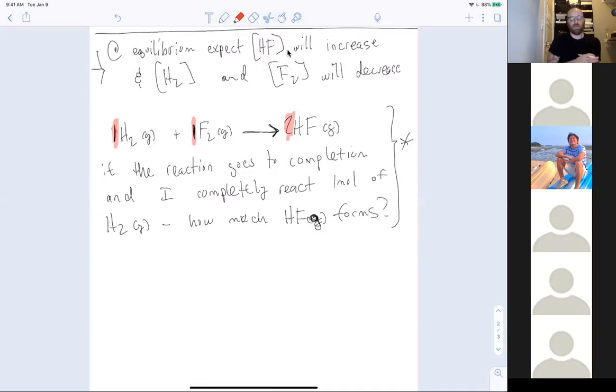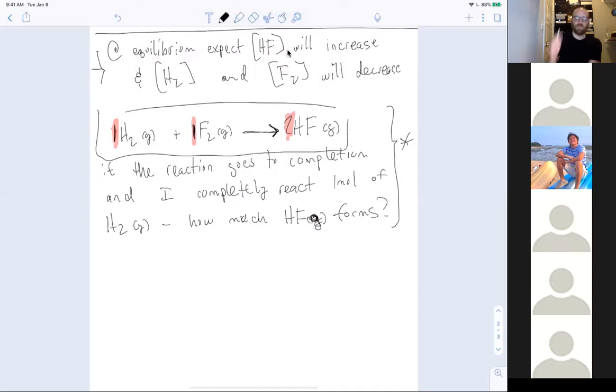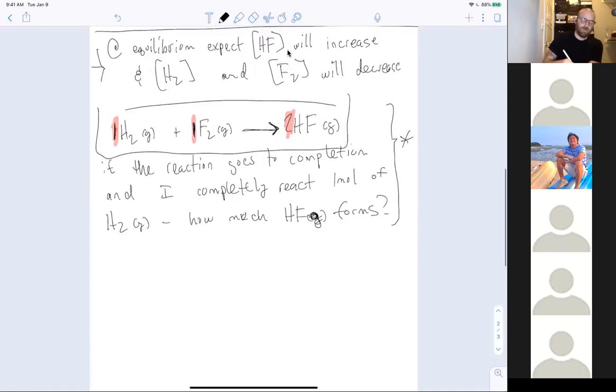So even if I don't know anything about a reaction, like let's say I just have this general formula up here, it allows me to calculate how much HF I would form from H2 if I reacted it completely. It tells me the exact ratio that these things react in. For traditional reactions going to completion, this was fine and we could use it to solve things. Now we have to do a little bit more fancy work, but it's essentially the same problem.